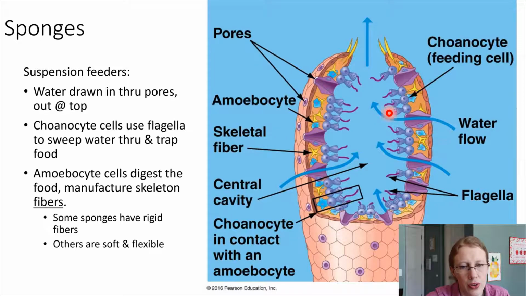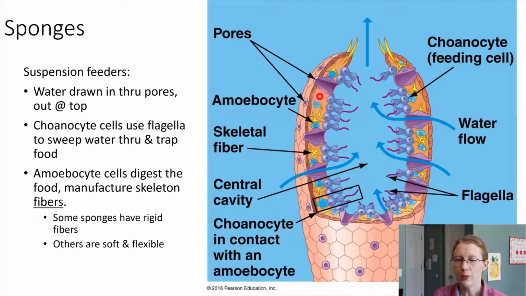And as the water flows through the sponge body and then out the top up here, the choanocyte cells trap the food, and then they hand it off to the amoebocyte cells. The amoebocyte cells are more internal inside of the sponge, and these are the ones that actually carry out digestion. They digest the food particles that are trapped by the choanocytes, and they also are responsible for making the skeleton fibers of the sponge.